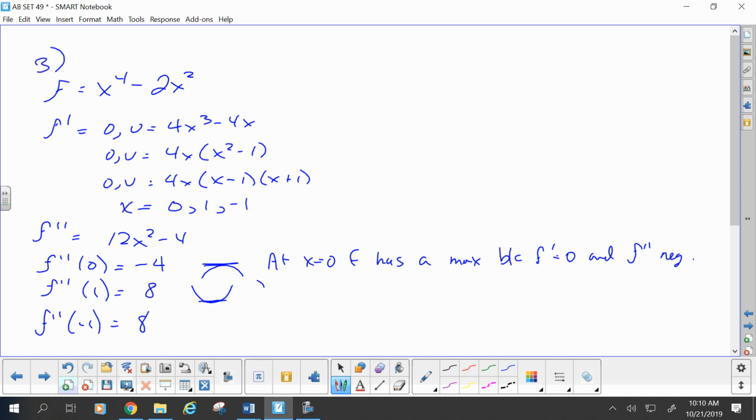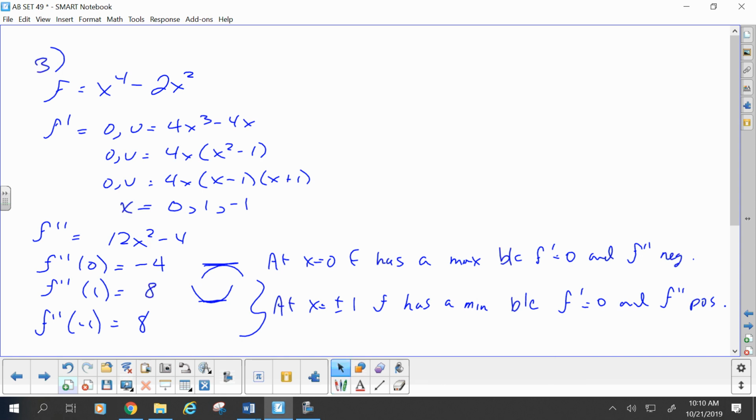So let's say both conclusions at the same time. At x equals positive and negative 1, f has a min, because f prime is 0 and f double prime is positive at those places. Pretty cool?